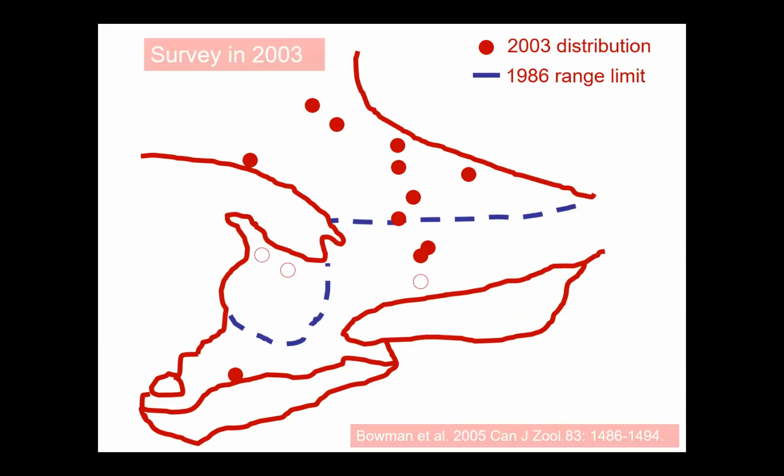And in fact, in 2003, we did a much bigger survey and we found flying squirrels. So these solid red symbols show where there were flying squirrels. And this blue line was the northern range limit of the southern flying squirrel that was in the 1988 COSEWIC report that came from a 1986 survey.